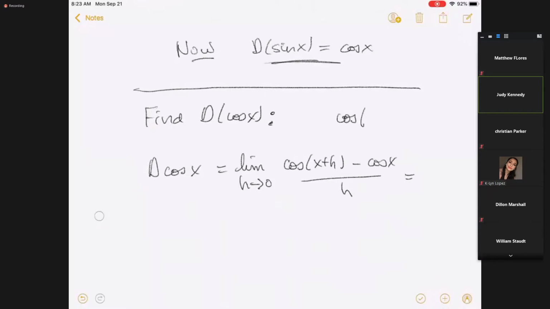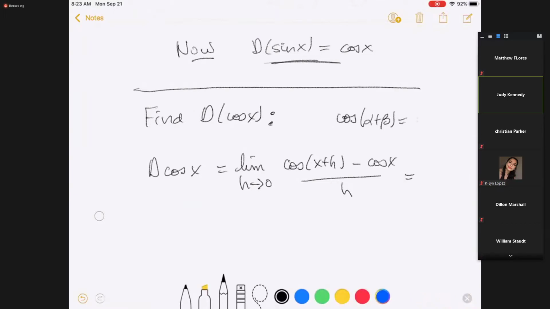The cosine of alpha plus beta is cosine alpha cosine beta minus sine alpha sine beta. So we kind of need that identity.